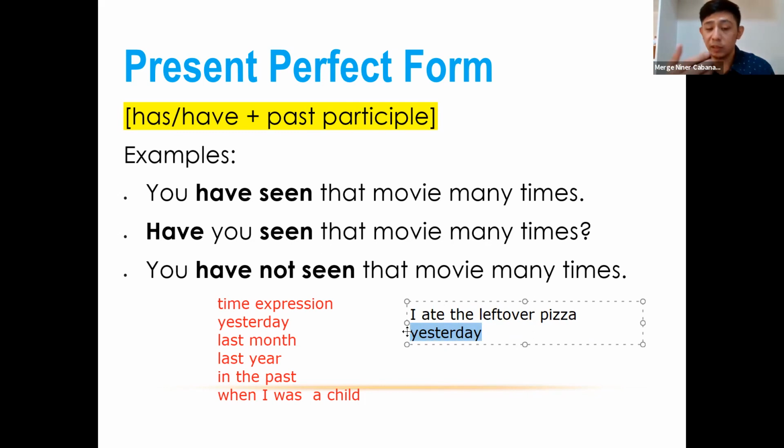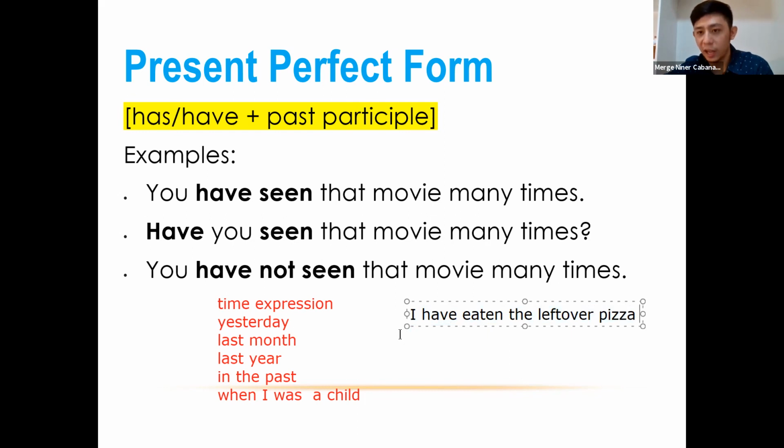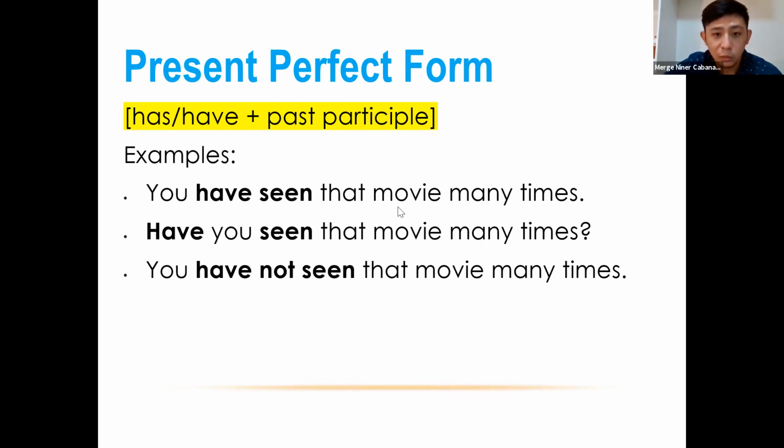So what are the things that I need to do when I do this? So I have eaten the leftover pizza, and then there should be no time expression involved. Because if there's a time expression involved, it will now prompt us to use the other type of the past tense, which is the simple past form of the verb. So let me just clear my drawings, and we shall proceed with our samples on when can we use it.